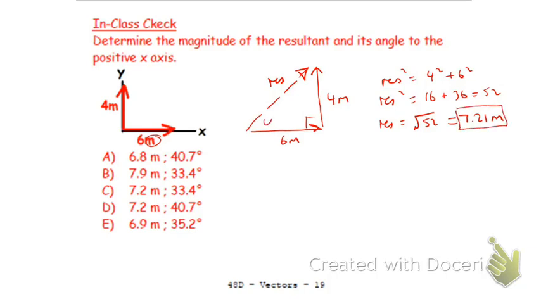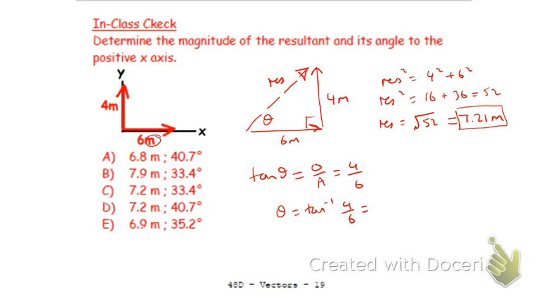And then I want to find this angle, so I'm going to say, oh well, tan theta equals opposite over adjacent, which equals 4 over 6. So theta is equal to tan to the minus 1 of 4 over 6. I go clear, I go second tangent, that gives me tan to the minus 1.